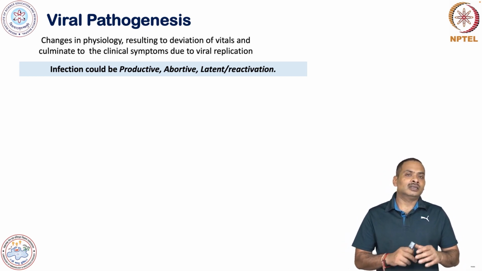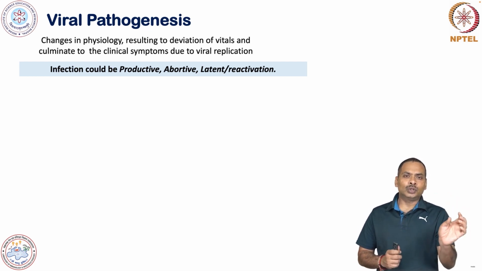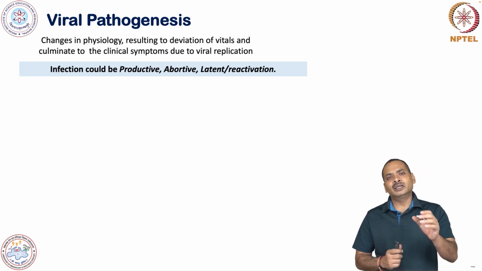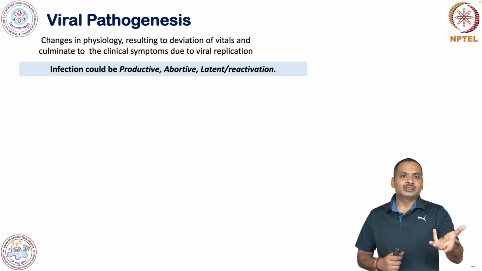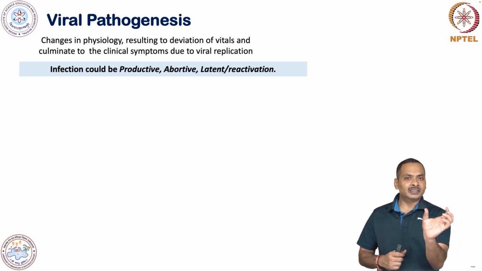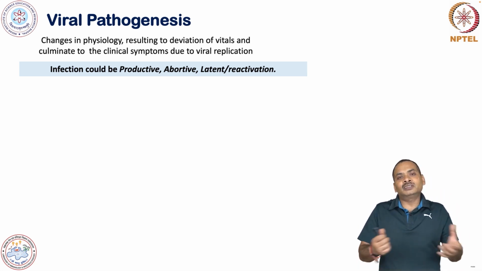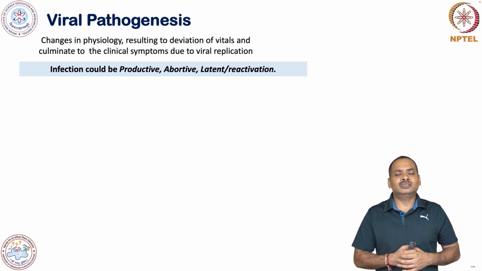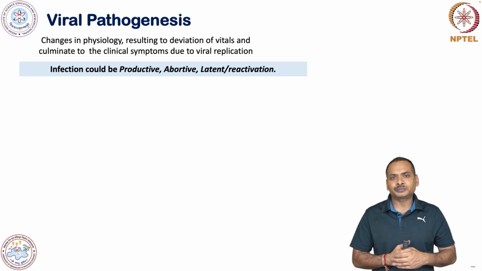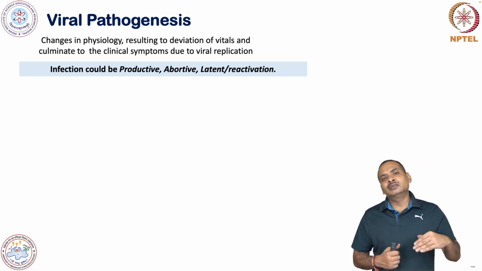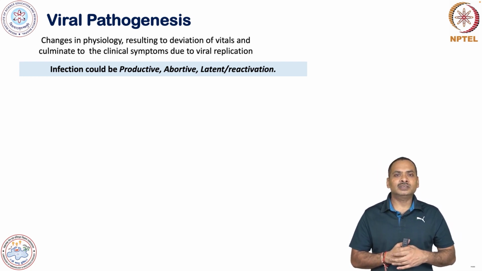It's a retrovirus, as you know, so it makes RNA into DNA, and this DNA integrates into the host genome and just lies in the cell. And when there is some perturbation, it will make more copies of viruses.